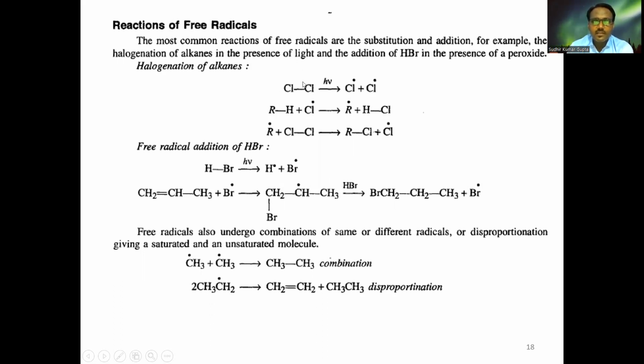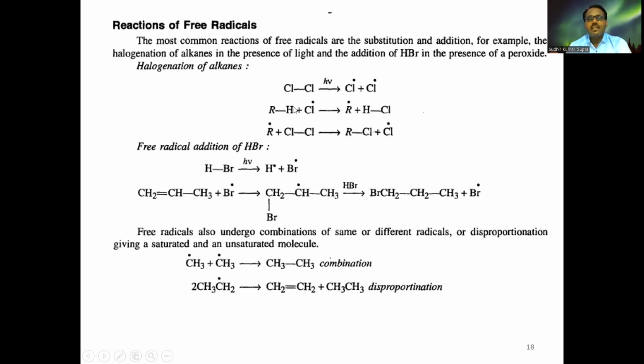Halogen molecules, X2, undergo homolytic cleavage very readily, and when they combine with alkanes, they form HX and the carbon free radical is generated.